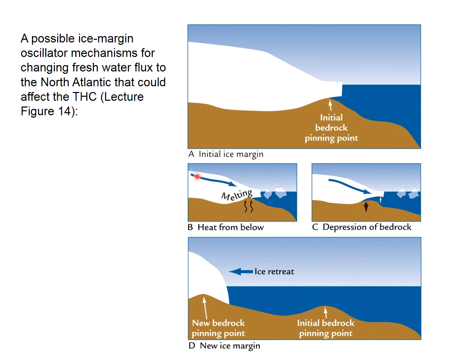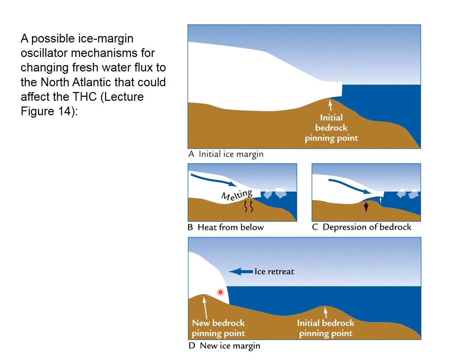The ice sheet stays where it is, but with more and more melting, that opens up this gap underneath the ice shelf. This would make this part of the ice shelf very unstable, so we get more rapid flow, and then the ice shelf would retreat back to the next stable point on the bedrock.